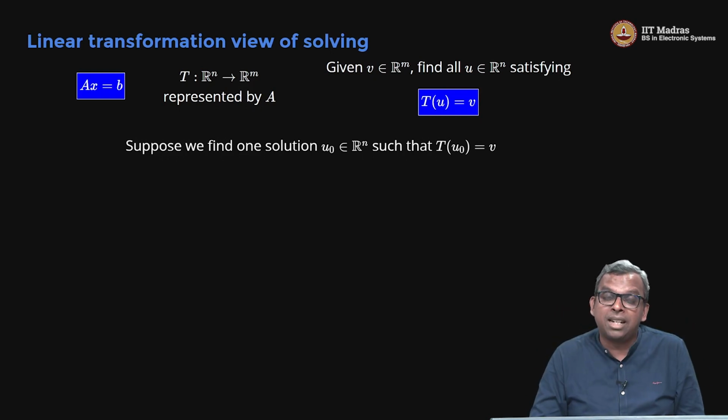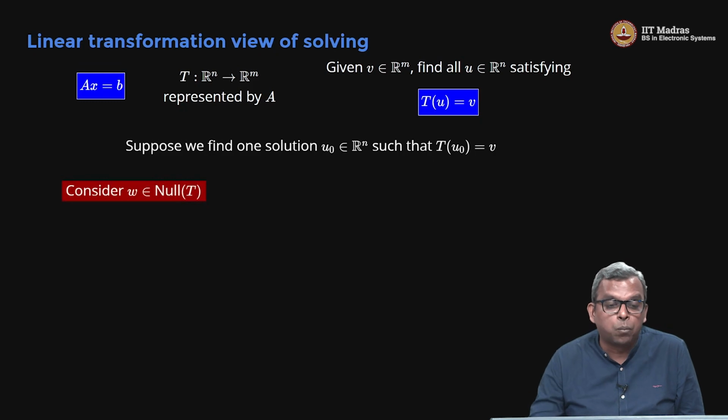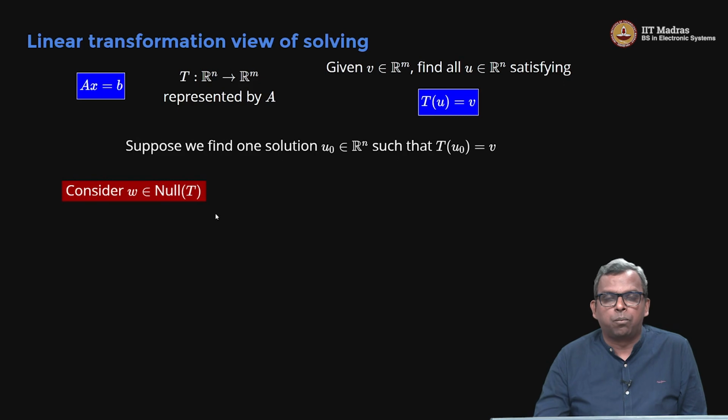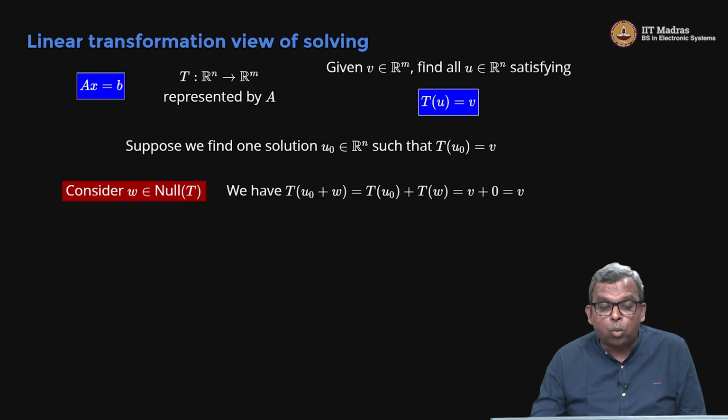Once I find one, here is a little trick. Notice what's happening here. You consider any other vector which is in the null of T, which means T of w is 0. And then you look at what happens to u naught plus w. You take any vector in the null of T and look at u naught plus w.